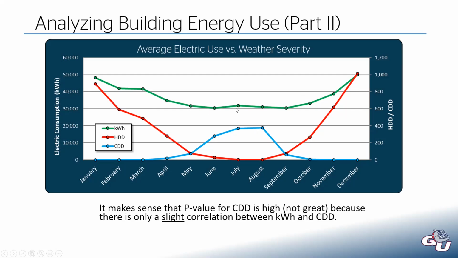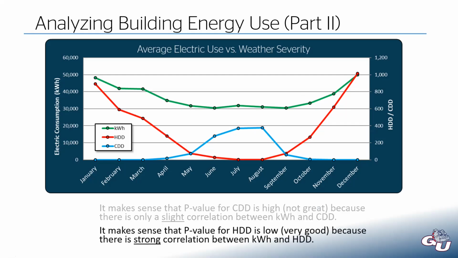And so that helps support this idea that maybe the cooling degree days aren't that great at predicting use. But on the flip side, it makes sense that the p-value for heating degree days is very, very low, which is good because there is a strong correlation there. You can very clearly see as my heating degree days go up, my electric use also goes up. So that makes sense with what our analysis has told us.